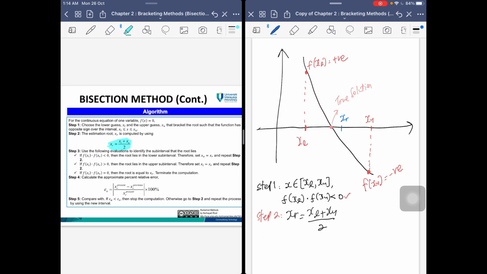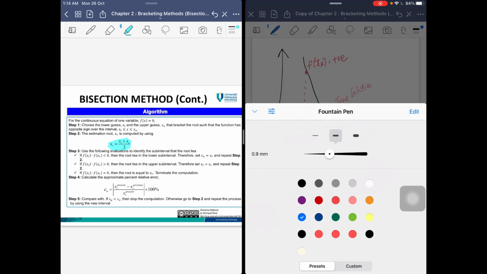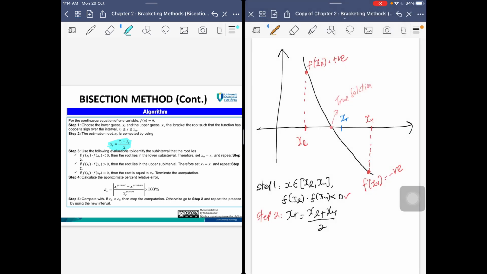Okay, so now we have two intervals. This is our lower subinterval, and this here is our upper subinterval.